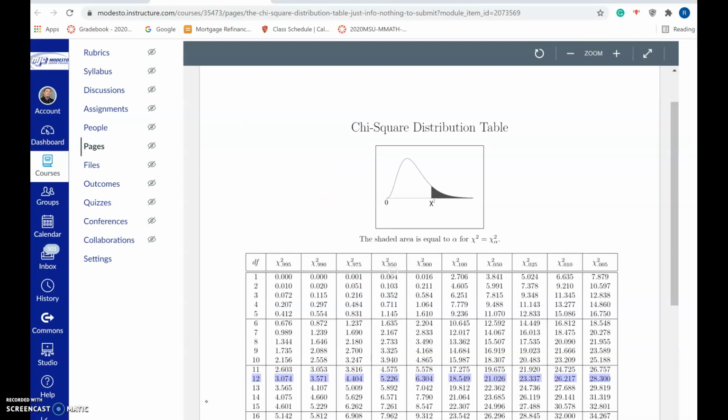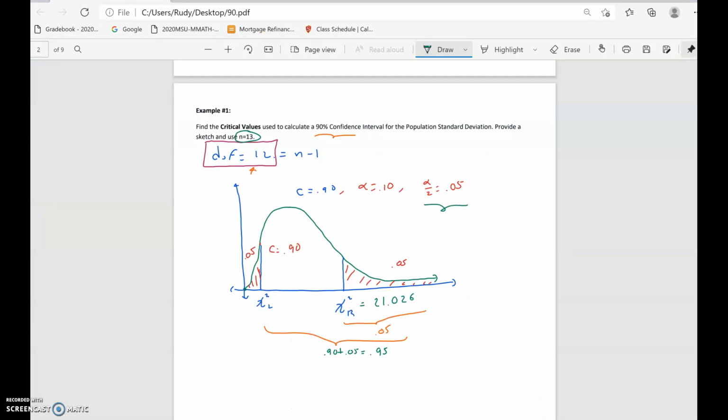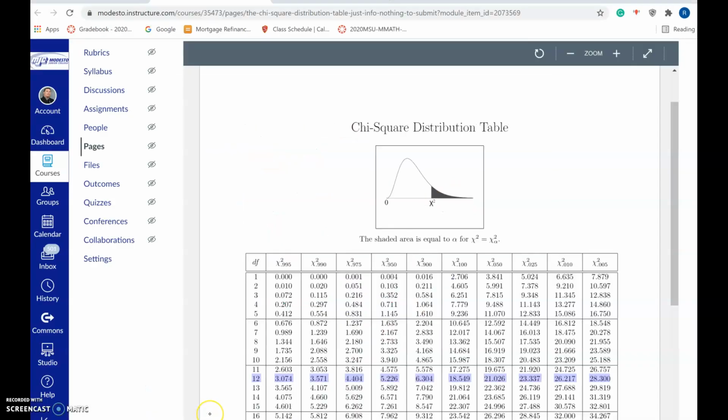Then 0.95 is this one here, approximately 5.226. And let me just verify the one on the right, 21.026, 0.05, and then 0.95, it's this one, 5.226.